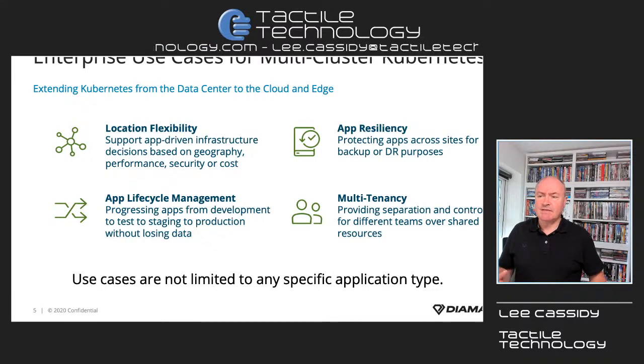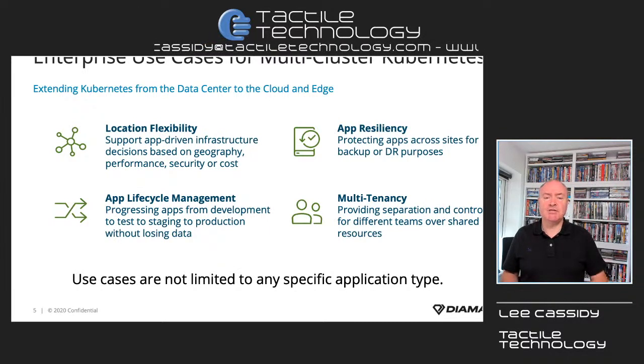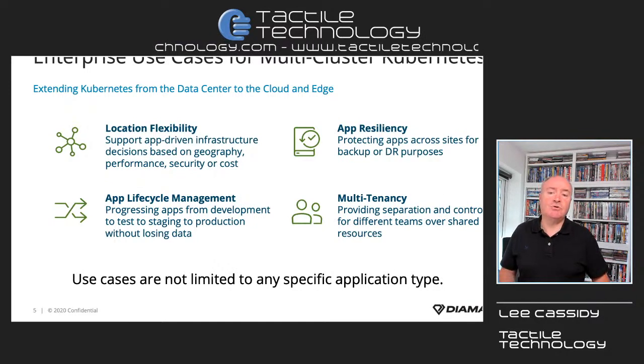So let's look at the multi-cluster capabilities. One of the key things with having this multi-cluster environment is that flexibility about the location. If you want to run the applications on premise, you can. If you want to run them within a cloud environment from something like Microsoft's Azure, or you want to use AWS's platform, you can.